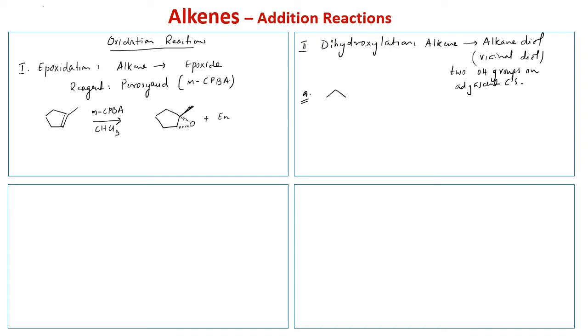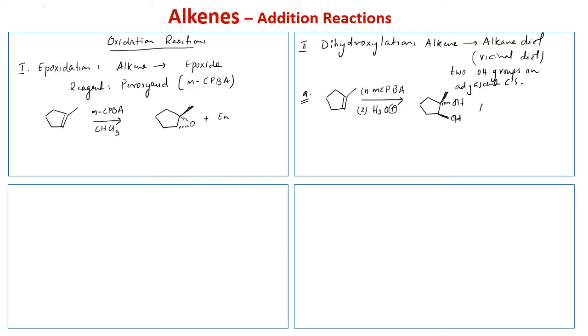So if we start with the alkene, and you react it first with a peroxy acid, sorry, let's say MCPBA, and second you do a hydrolysis, an acidic hydrolysis of that ether, then you will get a diol, and this diol would be an anti-diol.